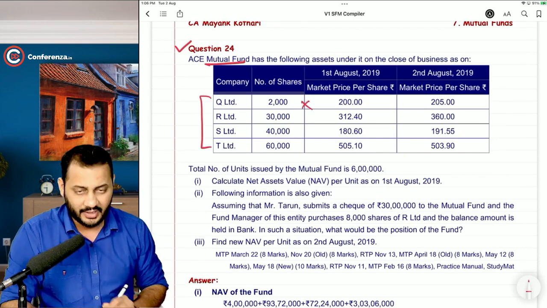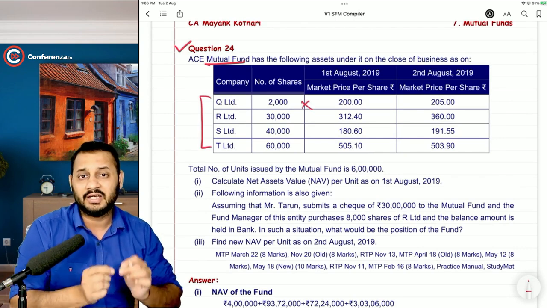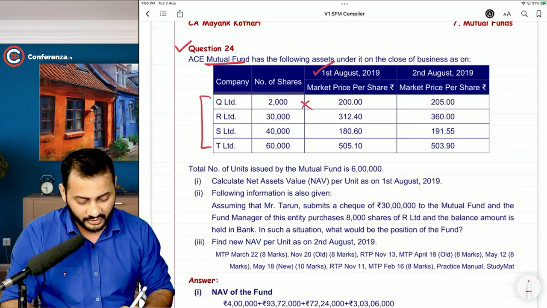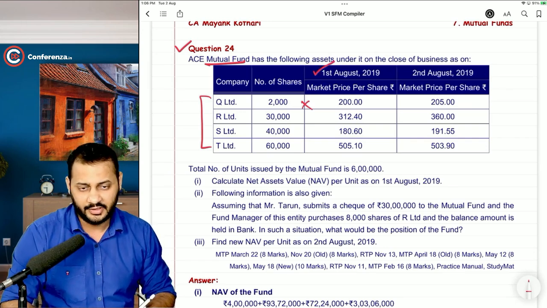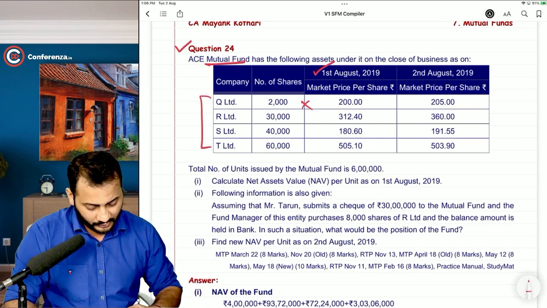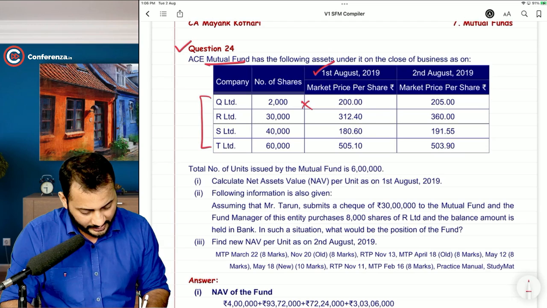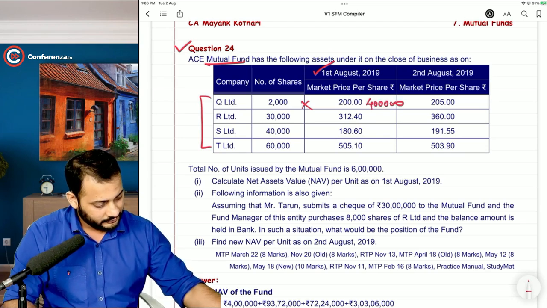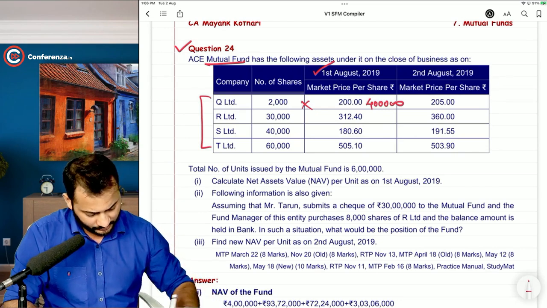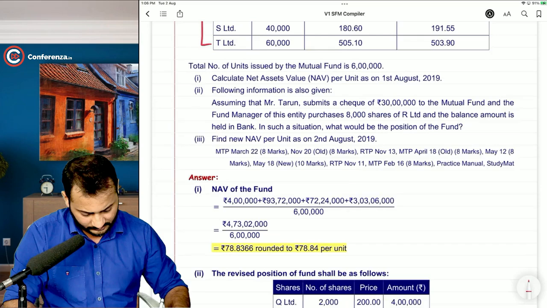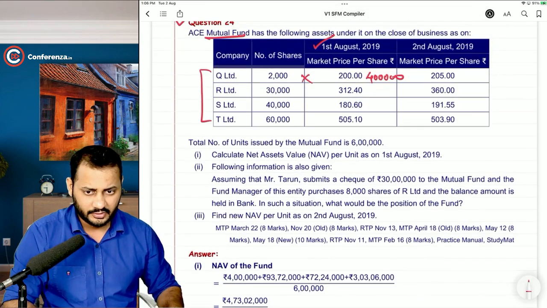Number of shares into market price, if you do that, you will get the market value on 1st of August 2019. Right? So let's do it. 2000 into 200, that's around 4 lakh. Am I right? Then 312.40. I think they have done it here as well. They didn't calculate this one.